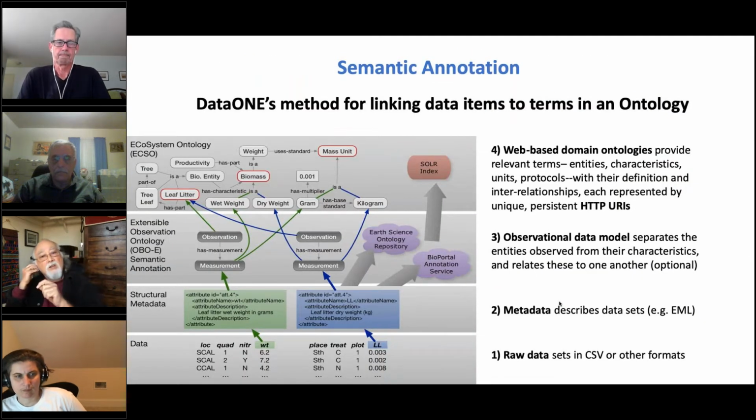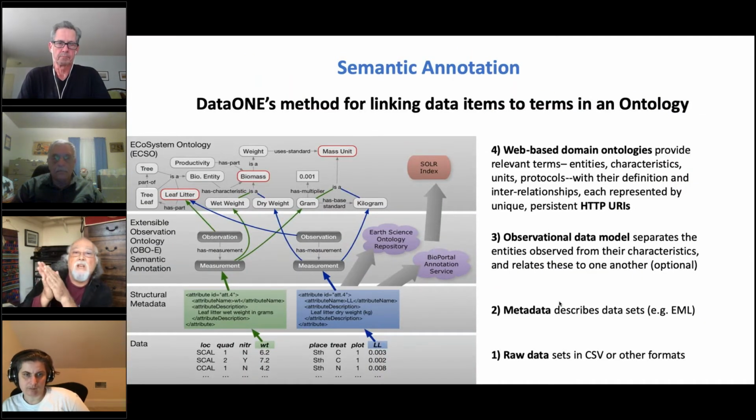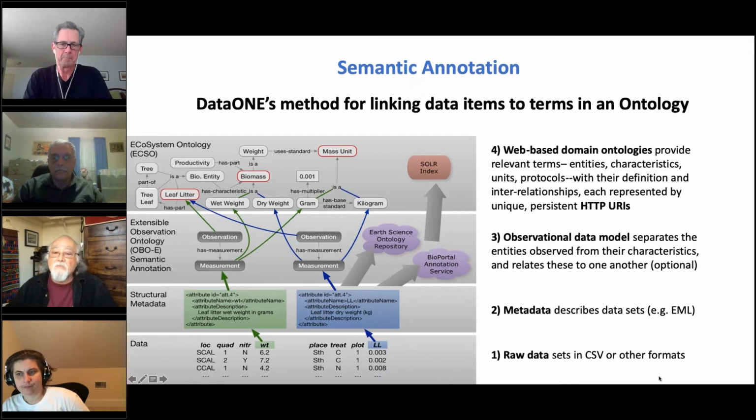Now, how do you deal with making those connect with the data? And so this is how we're doing it on DataONE, which is a big metadata aggregator. The raw data sets can be in CSV or other formats. Down here at the bottom, we've got representations here of two different tables of data, and you can see their column headers are quite different.